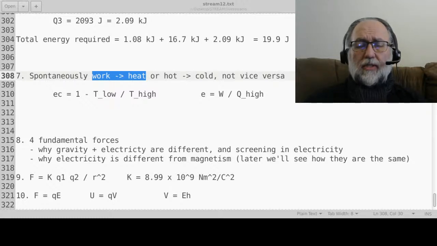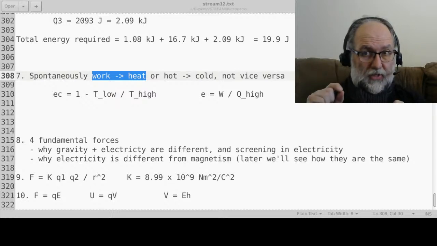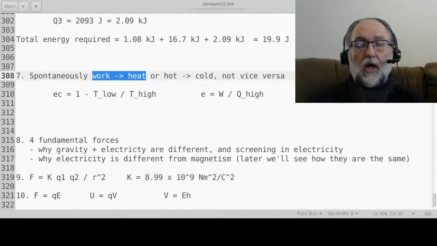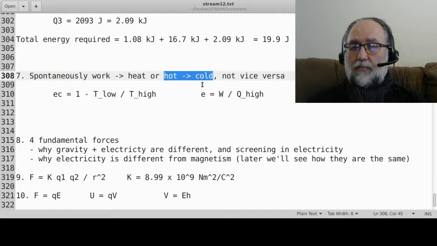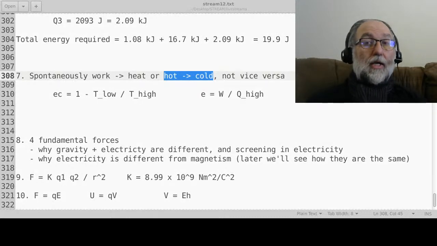It's called statistical mechanics, and you can calculate very exactly what is meant by order and disorder. These are not just qualitative words; you can put quantitative values to them. But qualitatively, in this course, we can understand it this way: work will spontaneously become heat, but not the other way around, and heat will spontaneously travel from hot to cold, but not the other way around.